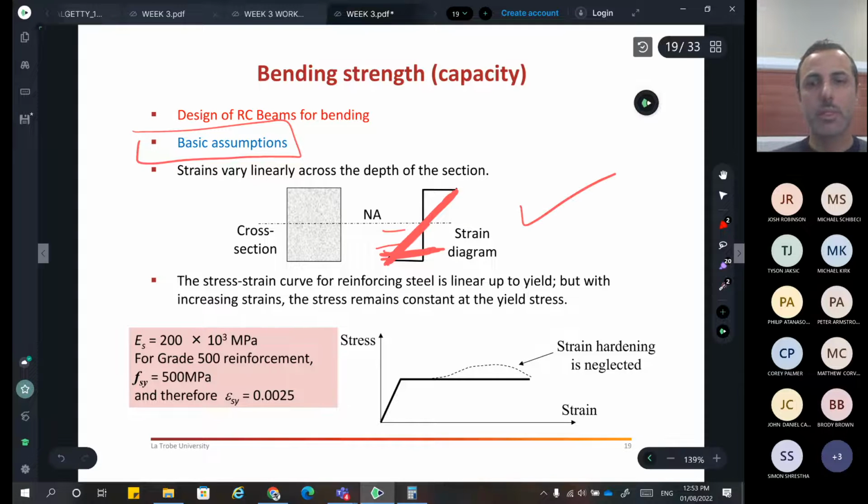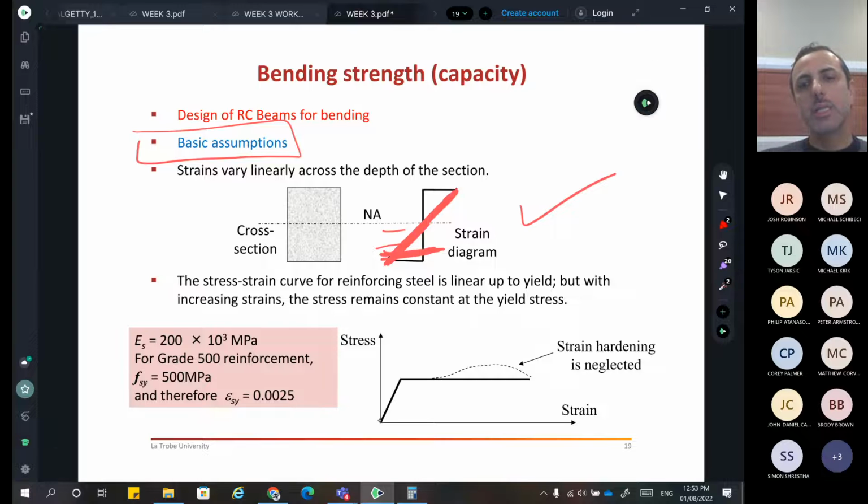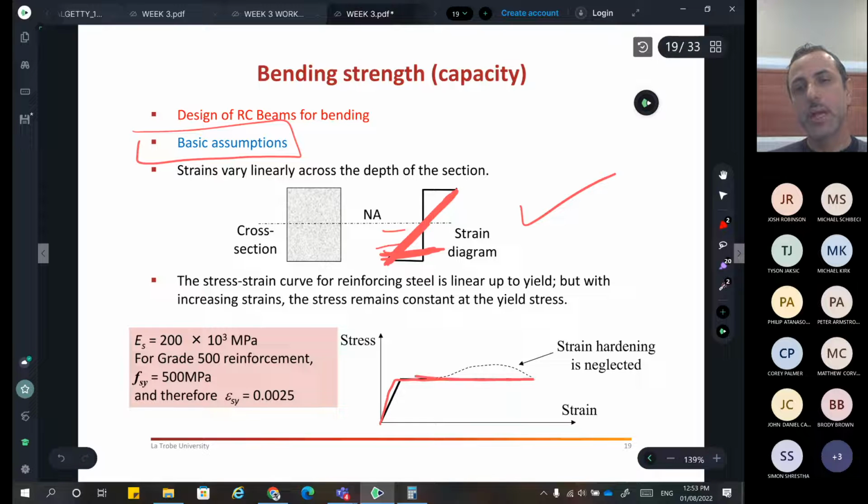That's assumption number one. Assumption number two, the steel stress-strain diagram will be represented as shown with this shape here, right? Because when you test a steel bar, it behaves like the dashed line. Then the standard said we don't need to take this extra strain hardening, just neglect it and always model it like this.